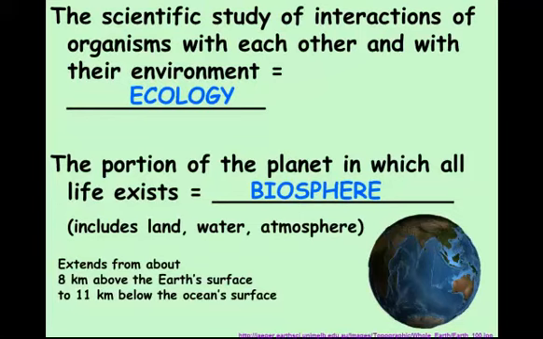Once you get up to a certain point, though, it gets too cold and there's not enough oxygen, and life stops existing once you get far enough away from our planet. So the biosphere includes atmosphere up to about 8 kilometers, and then if you took a submarine and went down in the ocean, it's probably about 11 kilometers below the surface, is about as far down as you can go and still find living things. So that would be the biosphere.